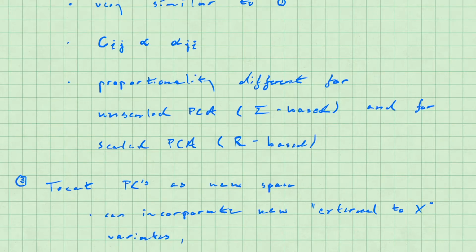You can do various calculations, so you can calculate correlations, etc. Or you can just make plots and see where the things land. Okay, so those are the three main tools for interpreting the principal components.